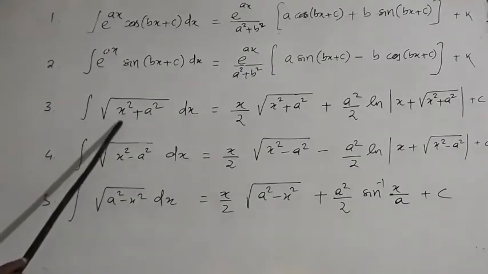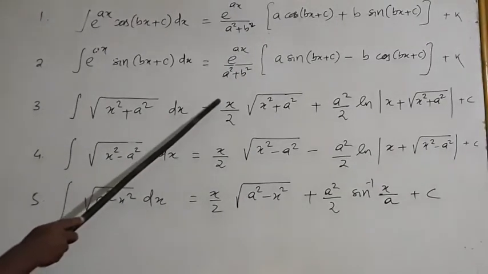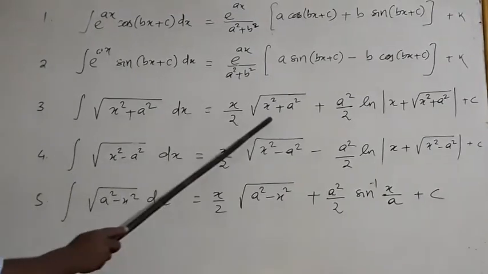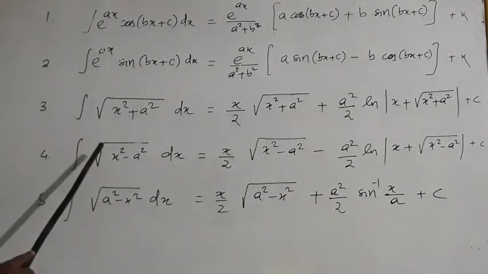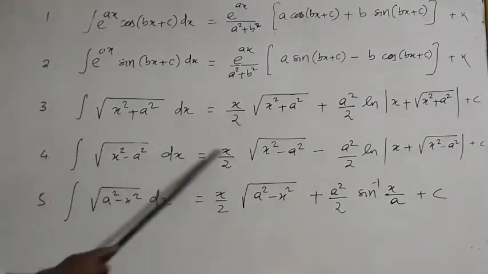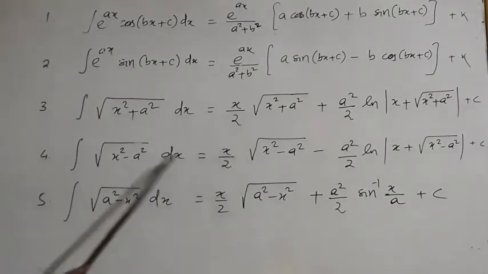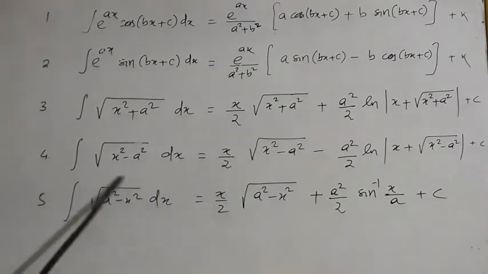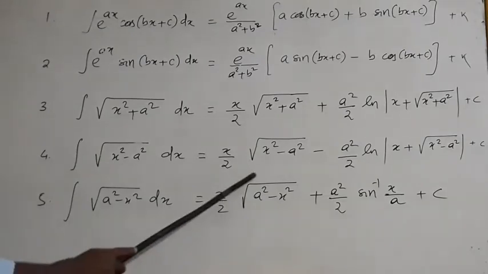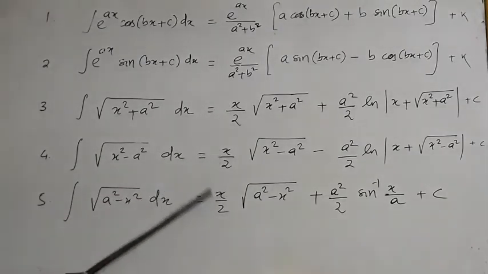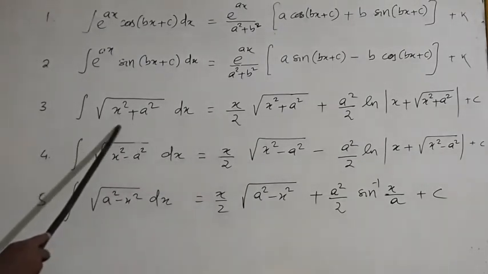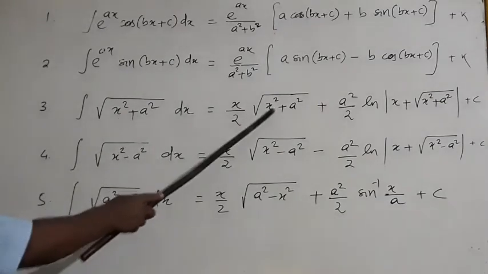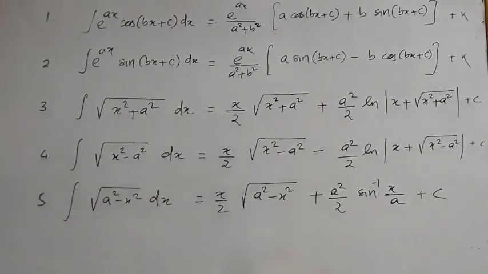Everywhere you first write the variable: x by 2 into root over x square plus a square, x by 2 into root over x square minus a square, then x by 2 into root over a square minus x square. So in the first position, x by 2, and inside the integration you have to write only the thing.